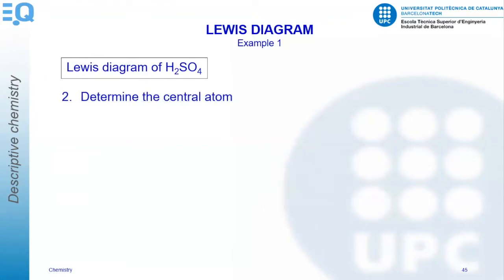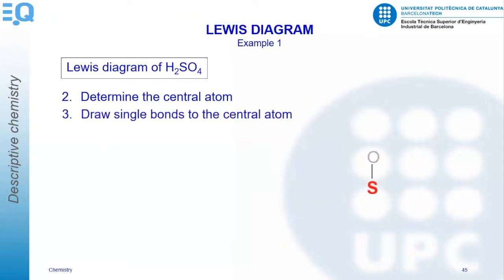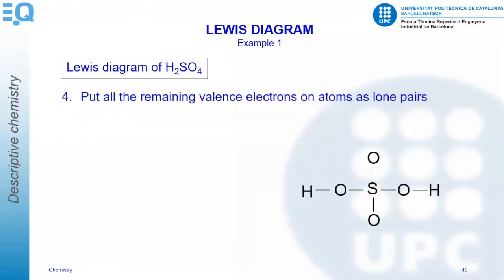The next step is to determine the central atom. In this case, it will be the sulfur. And then we have to draw the single bonds to the central atom, which would be the oxygens, and then the hydrogens linked to the oxygens. The next step, number 4, is to put all the remaining valence electrons on the atoms as lone pairs.